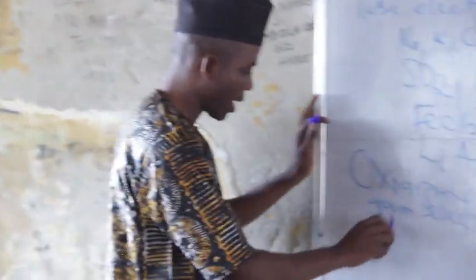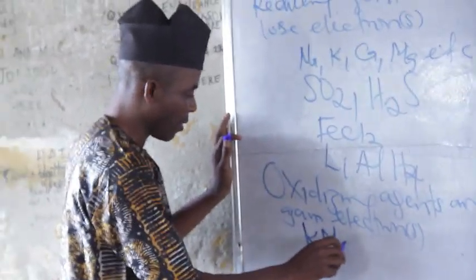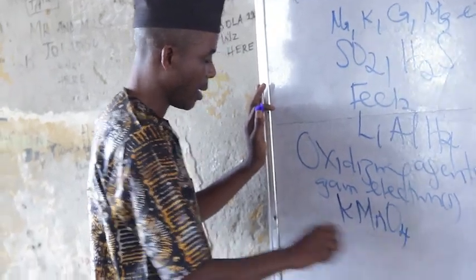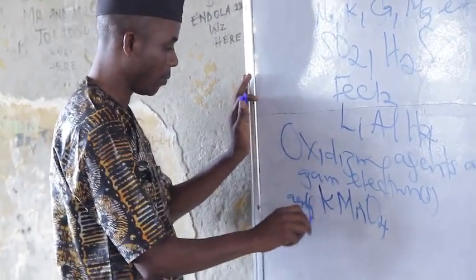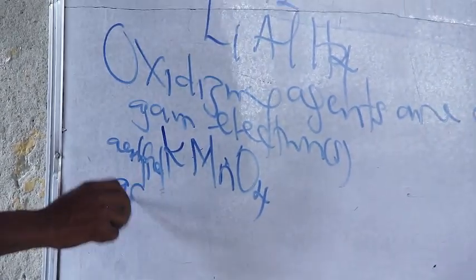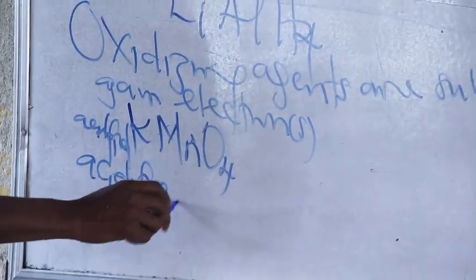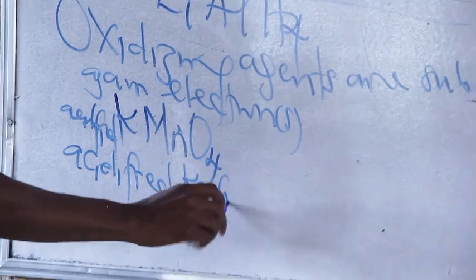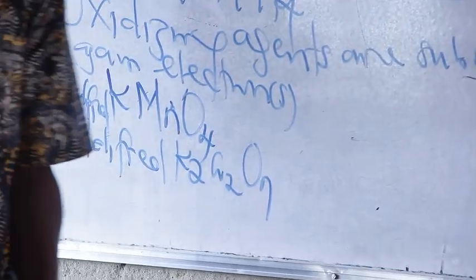We have acidified KMnO4, which is an oxidizing agent. K2Cr2O7 is also a strong oxidizing agent.